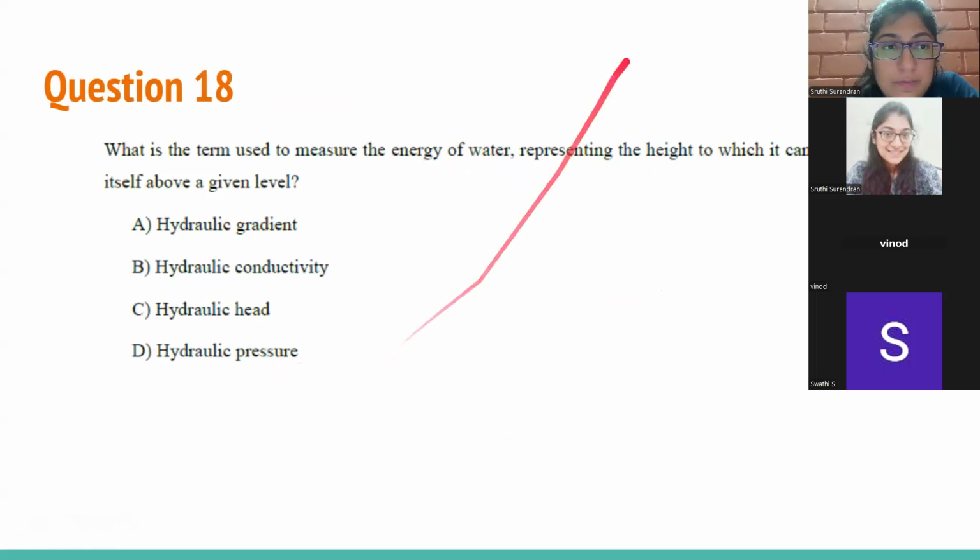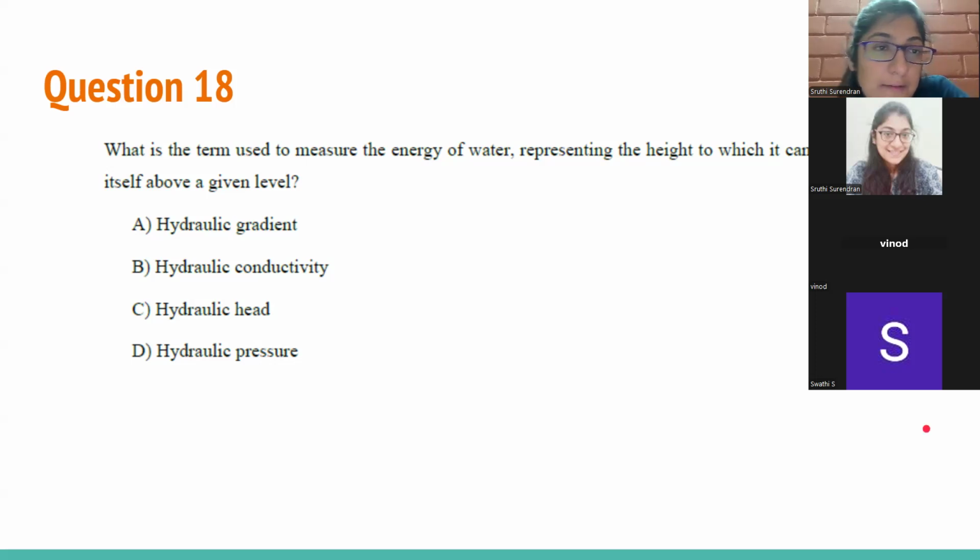Okay, moving on. What is the term used to measure the energy of water representing the height to which it can raise itself above a given level? The hydraulic gradient, hydraulic conductivity, hydraulic head, or hydraulic pressure.